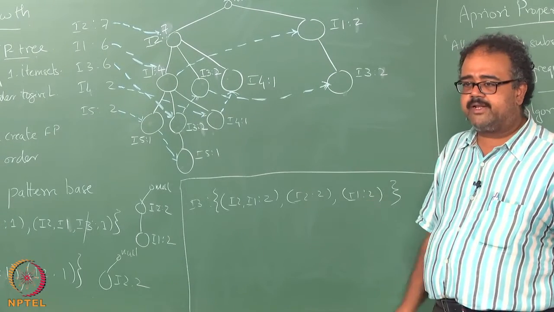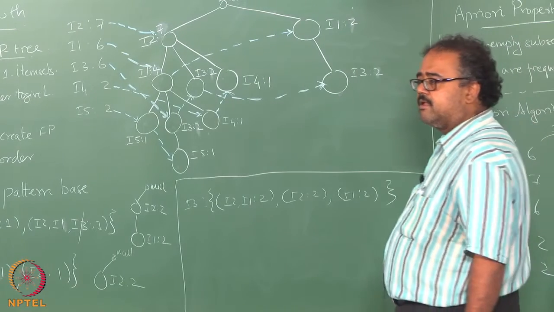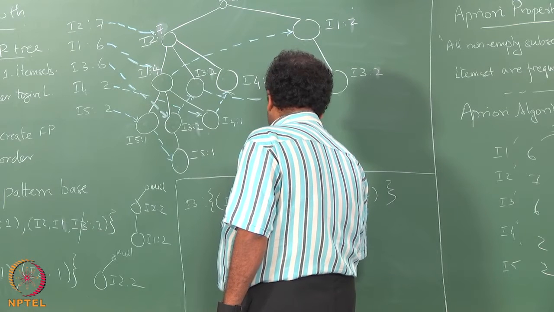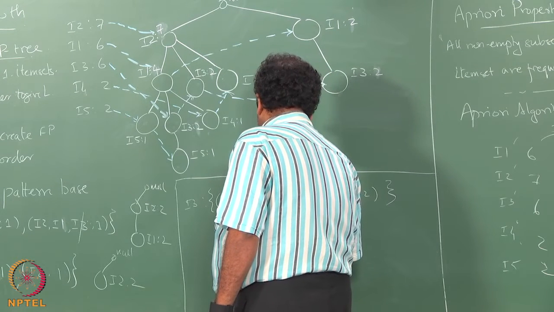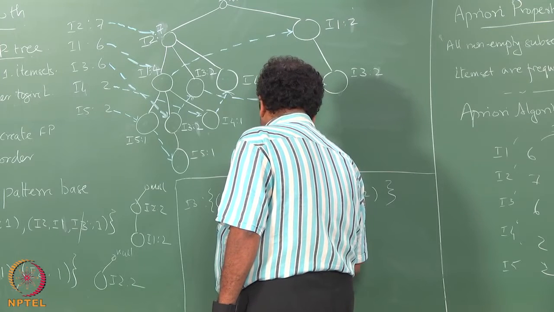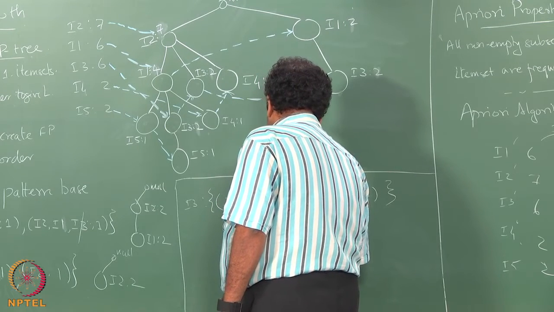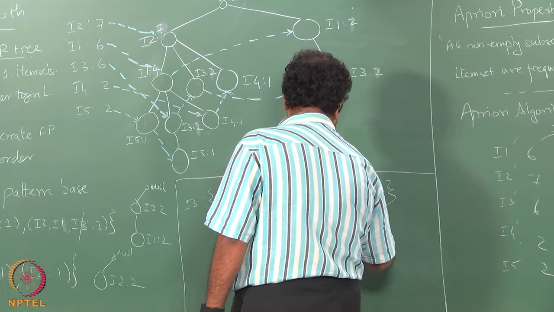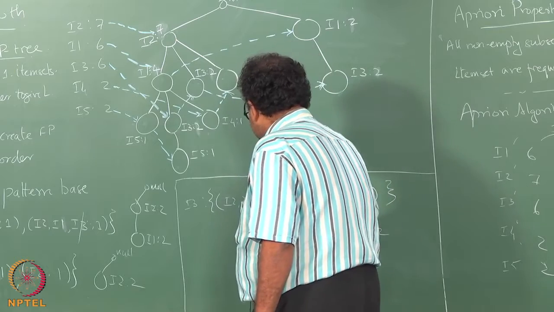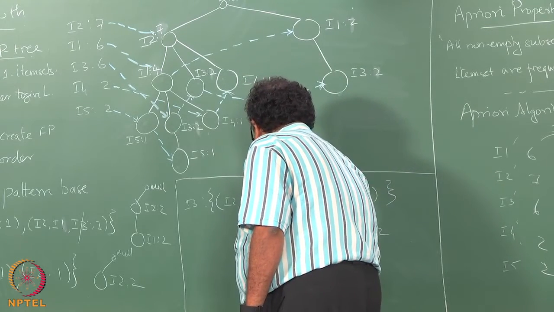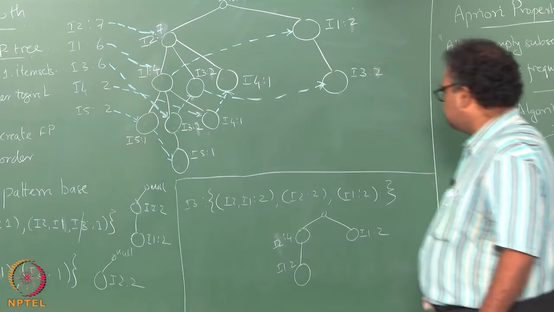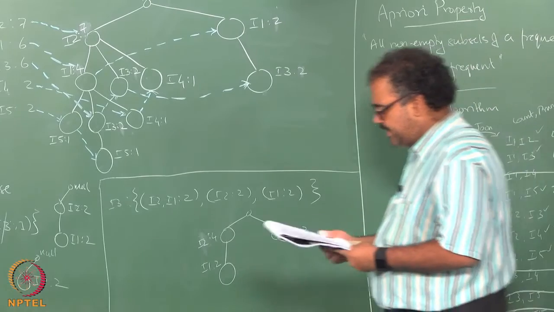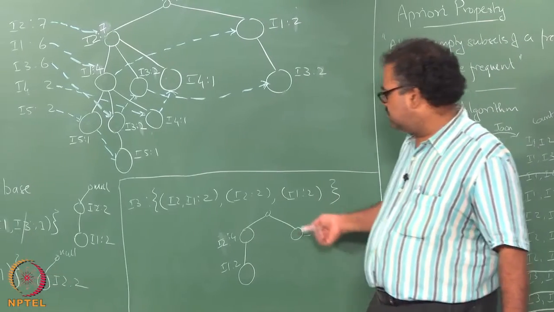Then how does the conditional FP tree look for this? Now again I can read the frequent patterns off this.